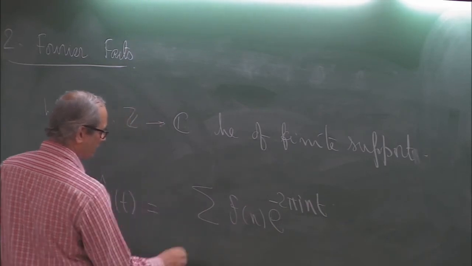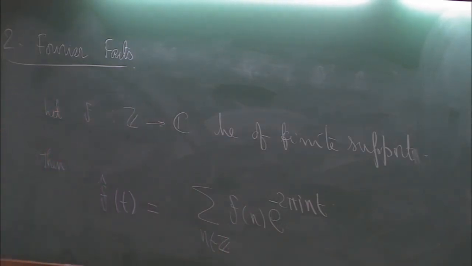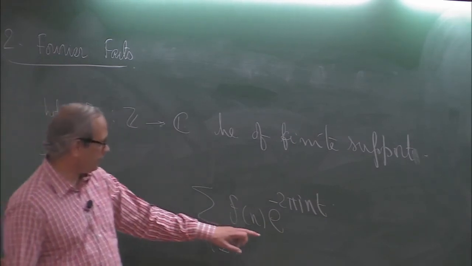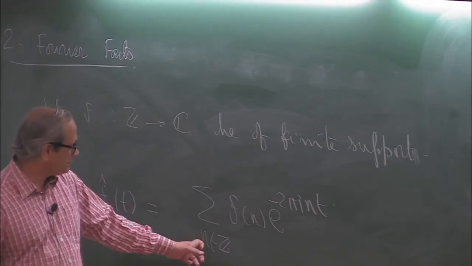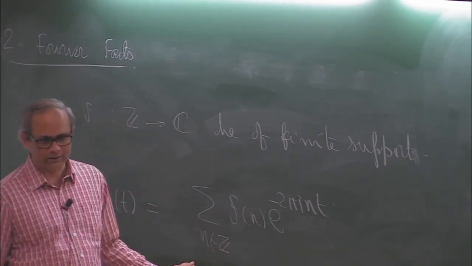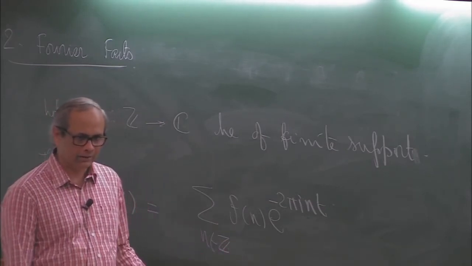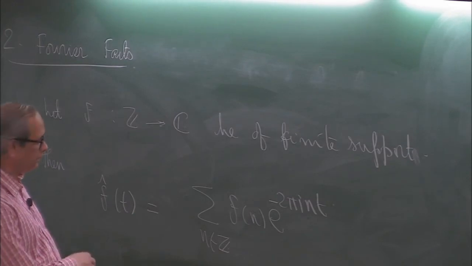I'll just put a minus sign following standard convention and write it like this. This is a finite sum because f of n is 0 for n outside a finite set, so it's a trigonometric polynomial. This is what I'll just call the Fourier transform of f.